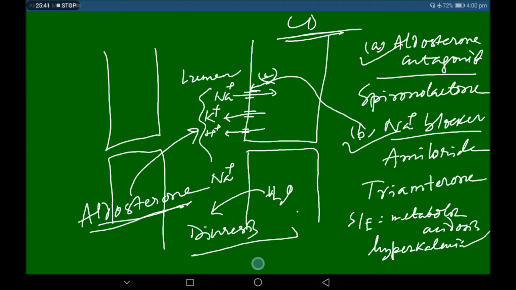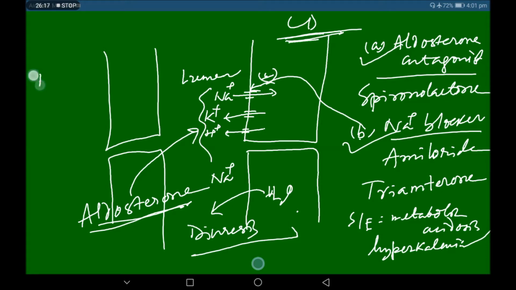All the drugs which act on the proximal convoluted tubule, the loop of Henle or the distal convoluted tubule, finally, the sodium will try to get reabsorbed here. Suppose thiazide diuretics inhibit the reabsorption of sodium and chloride. So all that sodium will try to get reabsorbed in the collecting duct, and when it is reabsorbed, there will be loss of potassium and hydrogen.